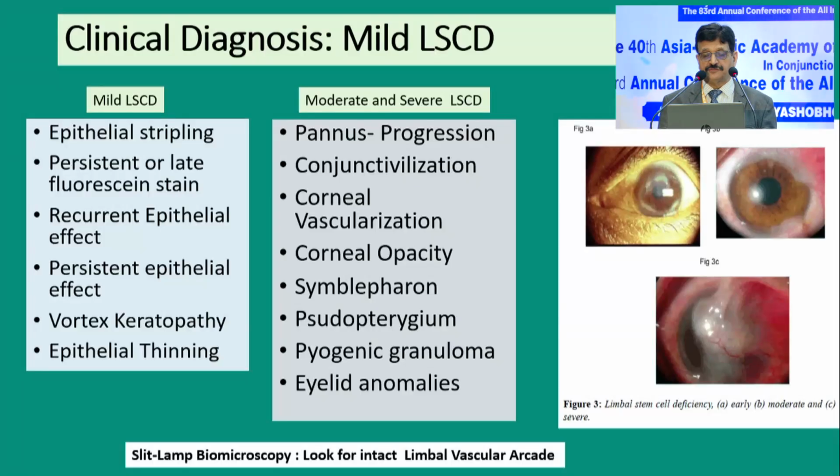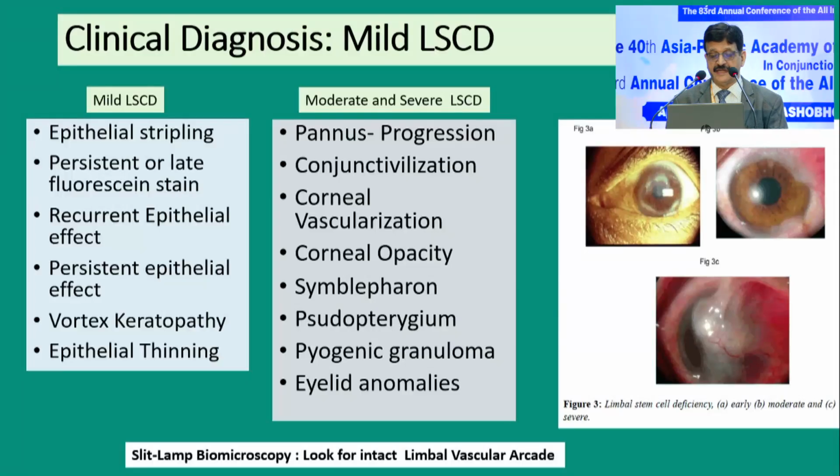Moderate or severe limbal stem cell deficiency is obvious, and we have pictures on the other side. We can have progressing pannus, conjunctivalization, corneal vascularization, corneal opacity, symblepharon, pseudopterygium, pyogenic granulomas, or eyelid abnormalities.